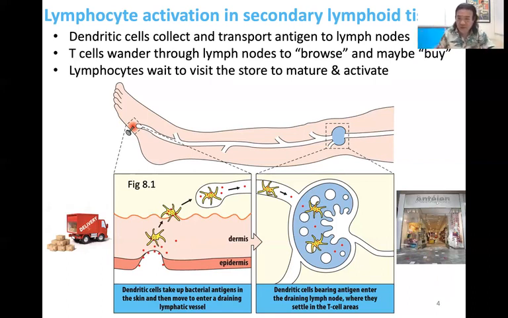And so that would include these red dots, which are maybe proteins or pieces of protein or other molecules that come from the bacteria. So the dendritic cells are going to have to package up these red dots and transport them, just like packing them up in these boxes and loading them up in this delivery truck, right?